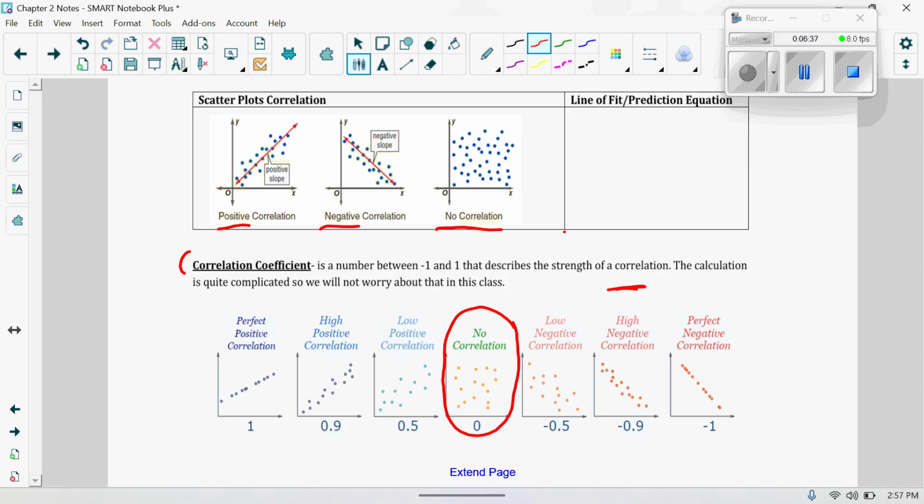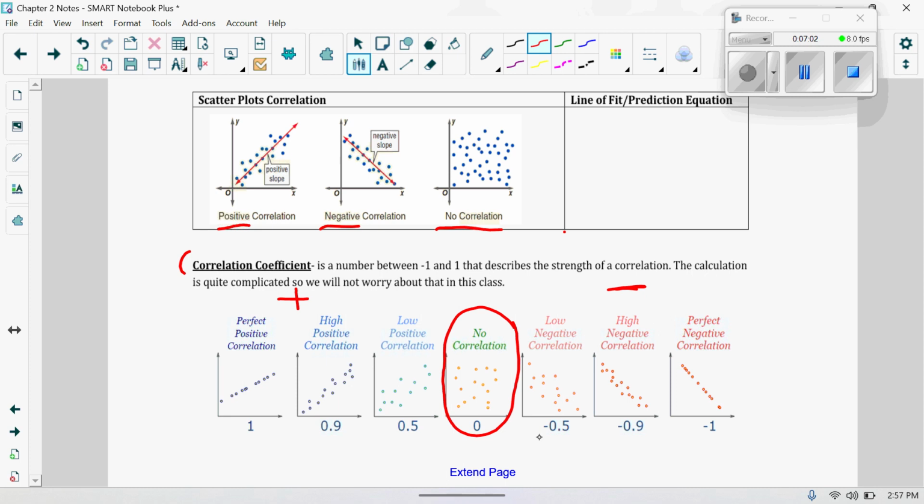Anytime we have positive correlation, we are in the positives. So as we get closer and closer to a perfect correlation, it's going to get closer and closer to either +1 or -1. If we have a negative correlation, we'll get closer to -1, and likewise for our positive correlation.